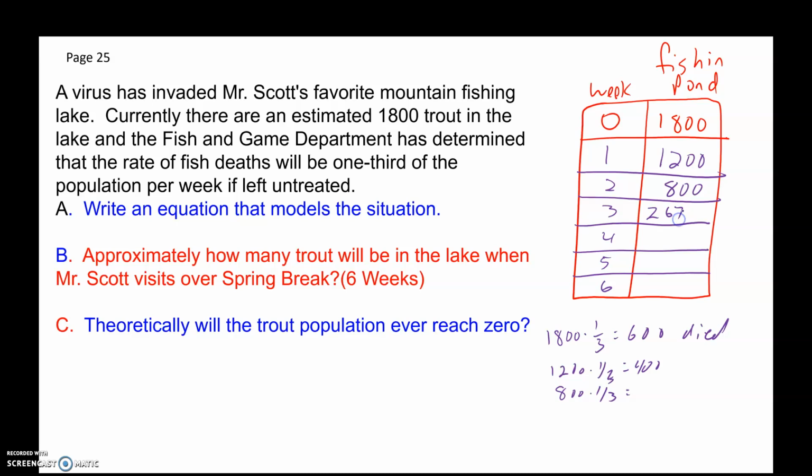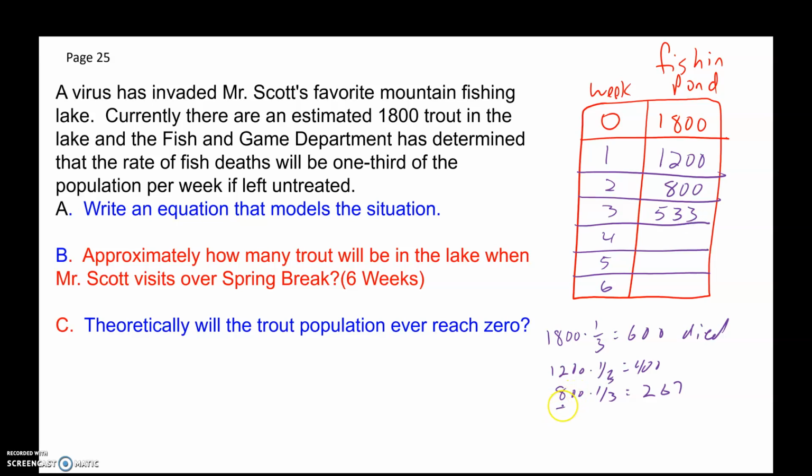Oops, I made that wrong. I was writing the number of dead fish in there. See, I almost made a simple mistake. 267 is what died. So if you do 800 minus 267, you get 533.